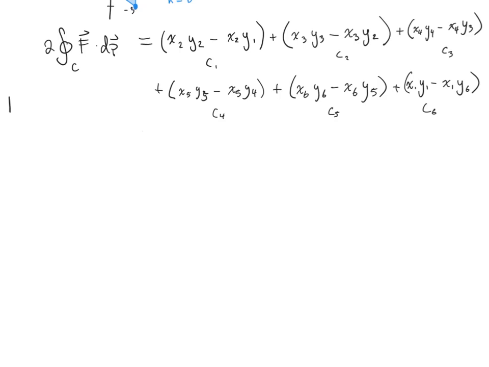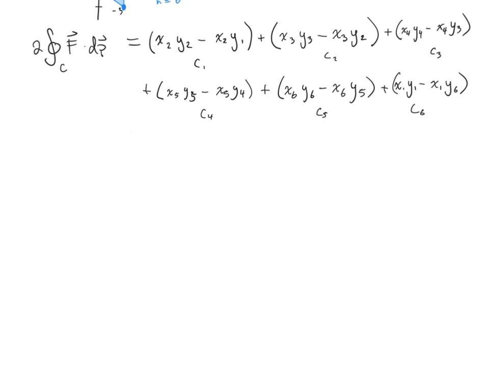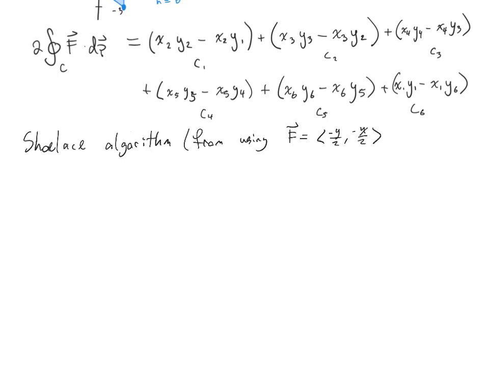The way the shoelace algorithm works, and you get this from using f equals (minus y over 2, x over 2). So the formula looks a little bit different, but it always gives you the same thing by Green's theorem.